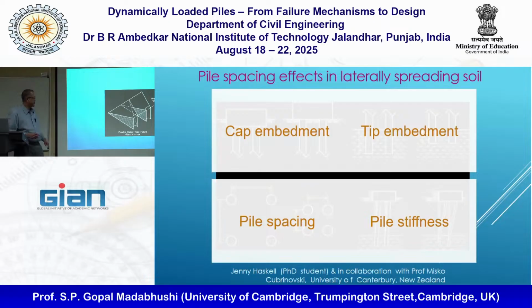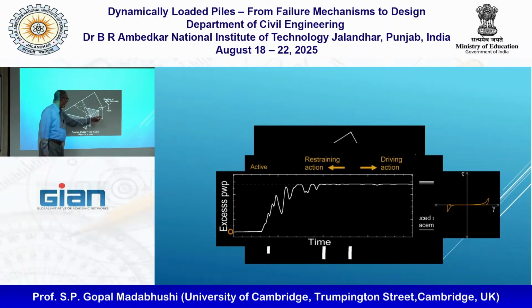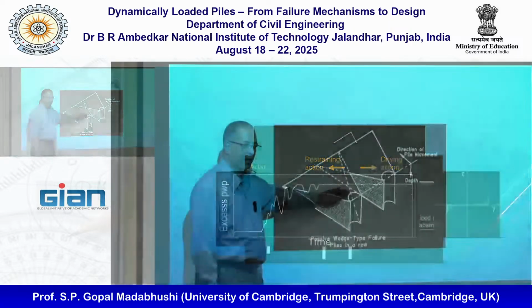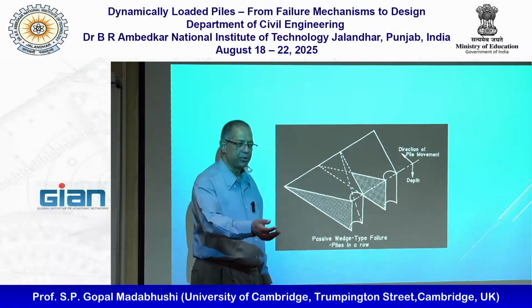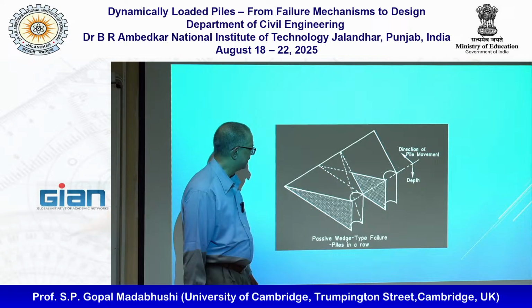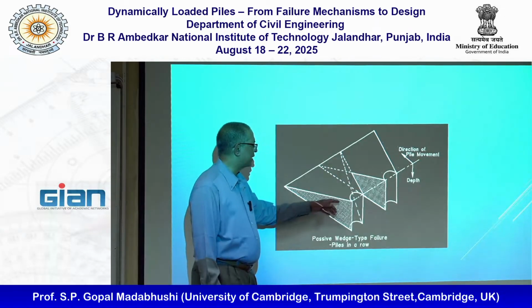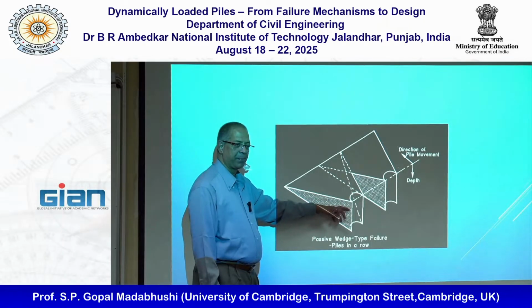Typically what you expect is that if I have piles and I have a sloping ground coming, trying to spread past the pile. I showed you some field examples from Taiwan earthquake in the last 2 days. You expect passive wedges to form behind the piles.